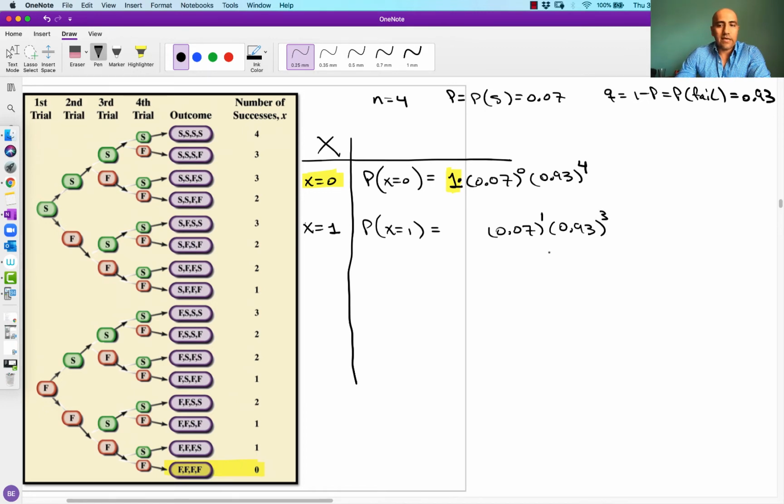If there's only 1 success, that must mean that there are 3 failures, since we have 4 trials altogether. But this doesn't care about order, and there's lots of ways that this can happen. So that's when we have to come over here and take a look at this so we can figure out all the ways that could happen. So that could happen this way, or this way, or this way, or this way.